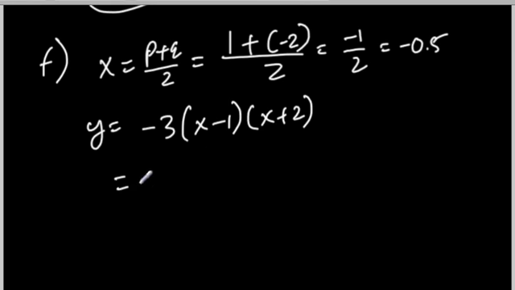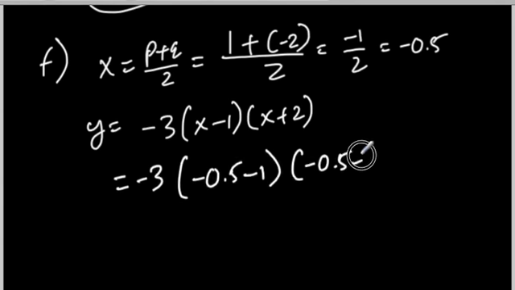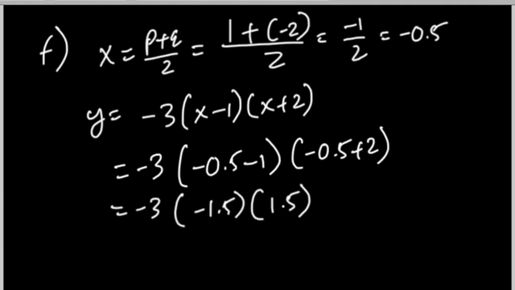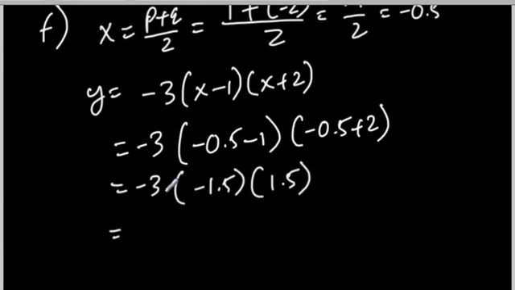So it's going to be negative 3, negative 0.5 minus 1, and negative 0.5 plus 2. So it's going to be negative 3, this is negative 1.5, this is 1.5, and that's going to be positive 2.25, so it's going to be 6.75. So 6.75 for number 13.